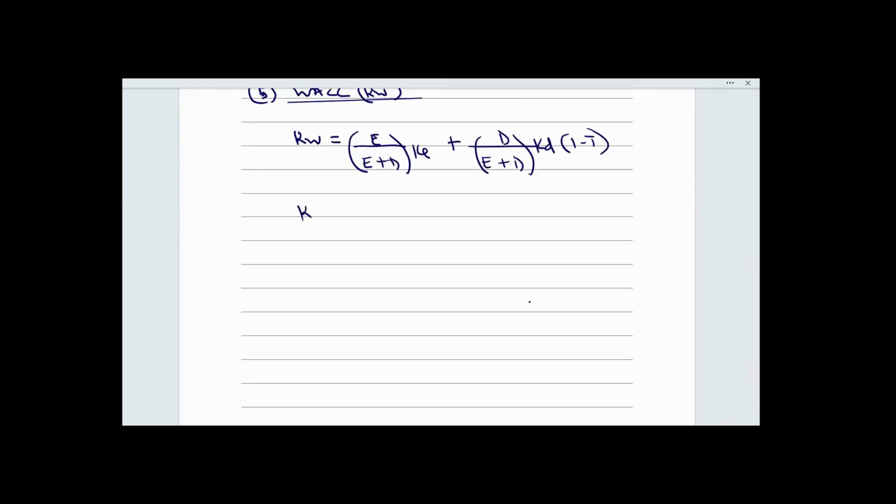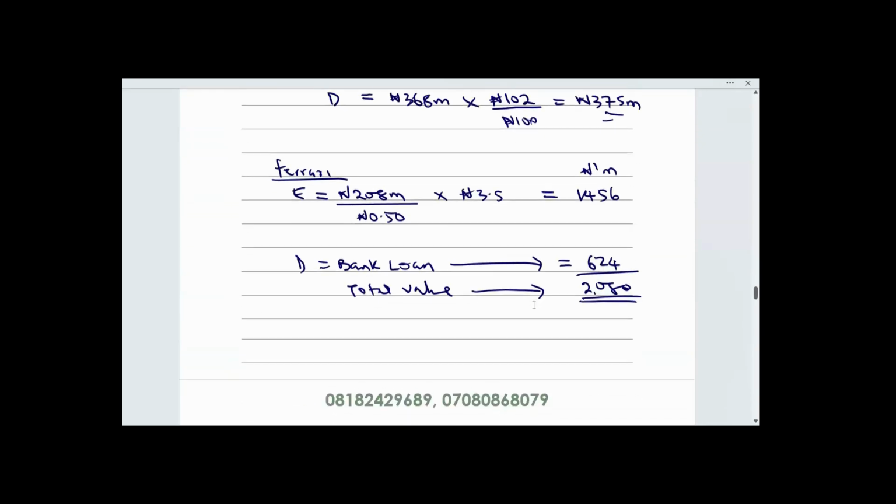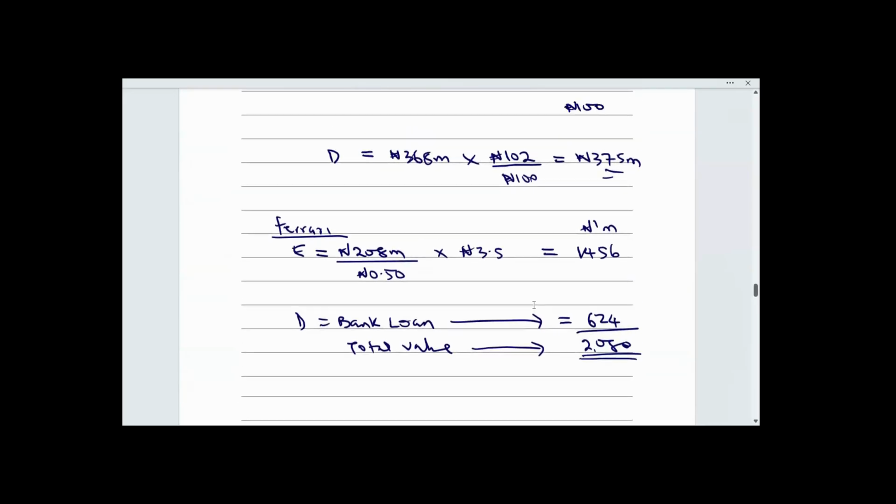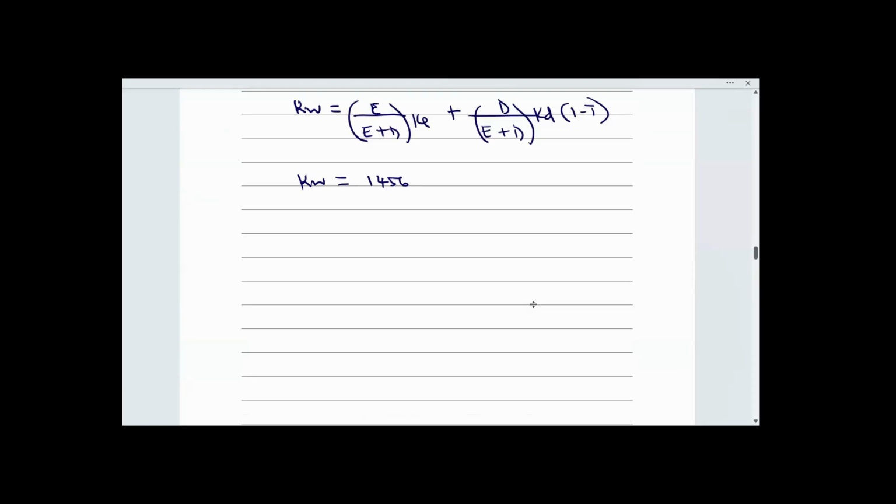So we have calculated equity value of Ferrari to be 1456. Okay, let me go and check again. Yes, for Ferrari, 1456. Then debt value is 624, so divided by total value, which is 2080, multiplied by cost of equity of 15.06%.